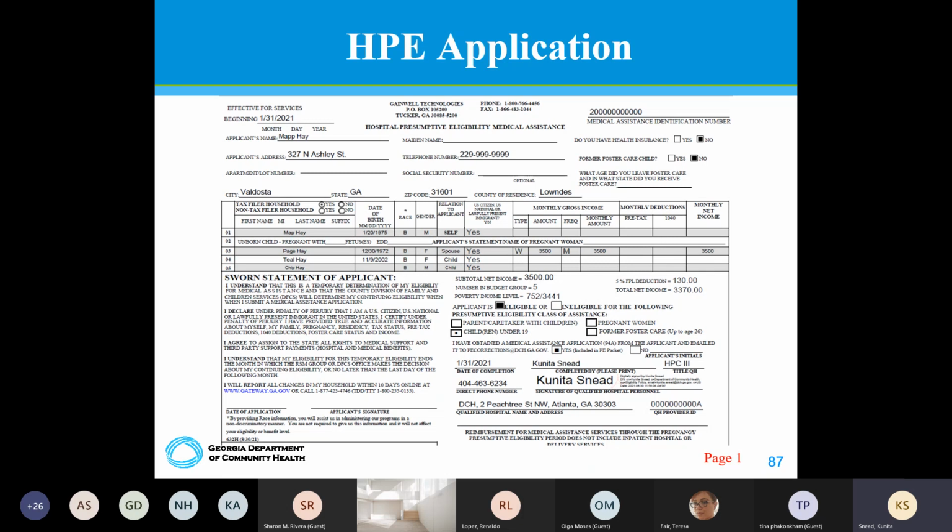We had to subtract the 5% deduction in order to make the children eligible. The 5% deduction was $130, so that goes in this field right here. Then we subtract this 5% deduction from the subtotal net income field, and that gave us $3,370.